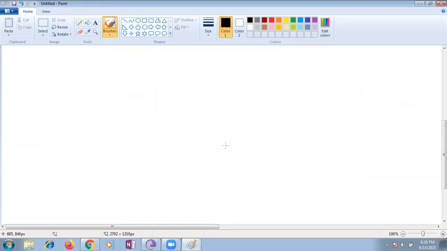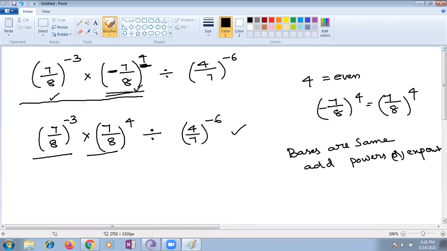So you can add up the exponent part here. Here the base is the same, 7 by 8 is my base. The exponents are minus 3 and 4, so I can add the exponents: minus 3 plus 4.